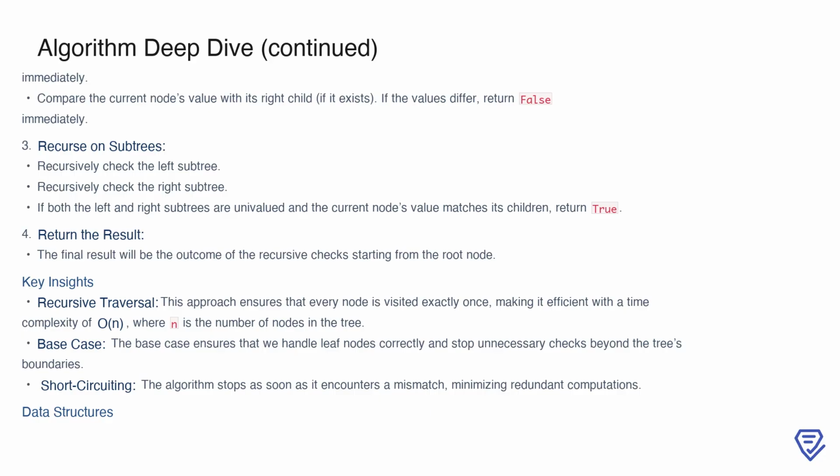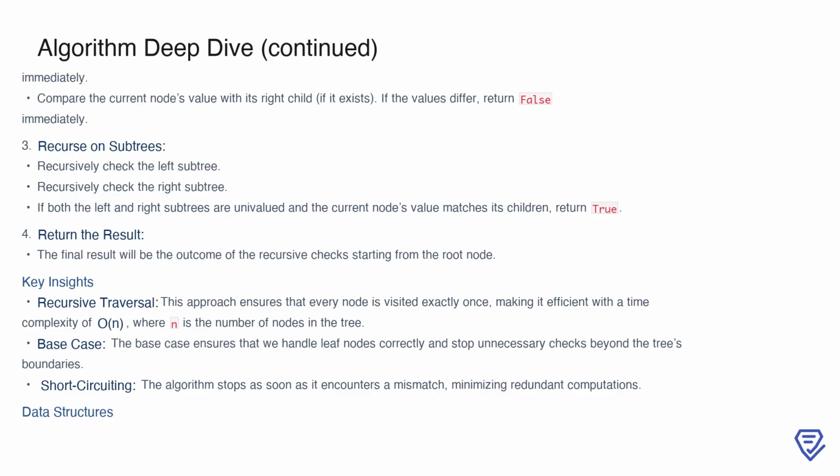Let's highlight a few important aspects of this approach. First, the algorithm is designed to traverse the entire tree efficiently, visiting each node exactly once. This gives us a time complexity of O(n), where n is the number of nodes in the tree. Second, the base case is critical. It prevents unnecessary checks beyond the tree's boundaries and handles edge scenarios gracefully.